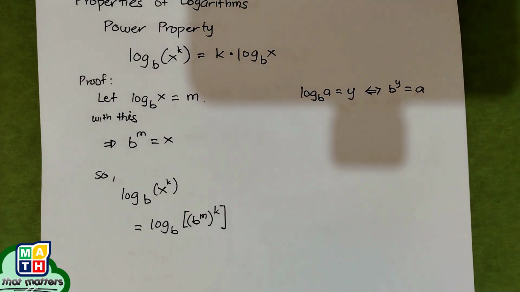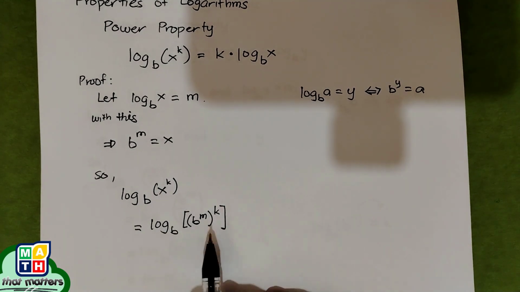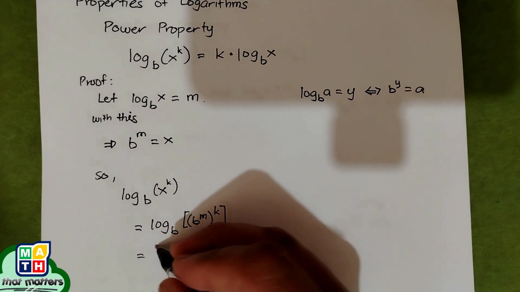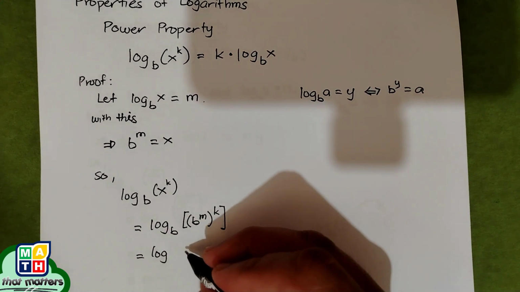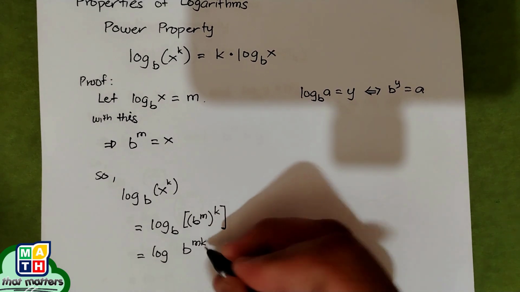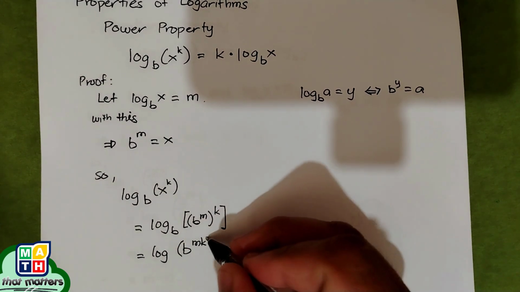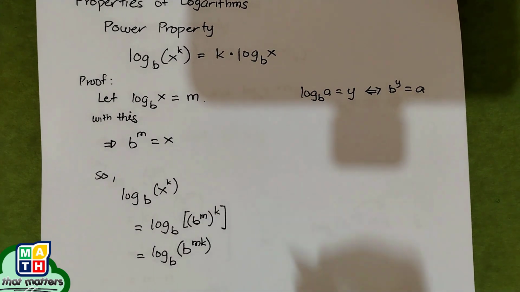Again, this was x as emphasized here. By the laws of exponents, we have power of a power, so we multiply the exponents: b to the power of mk, or km, to the base b.